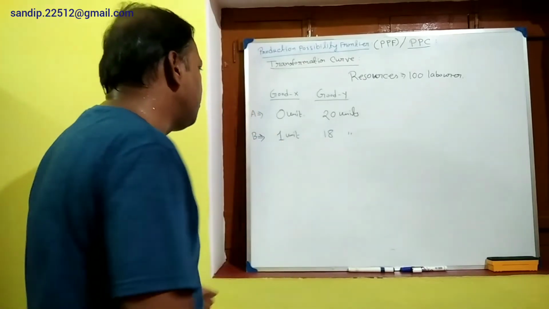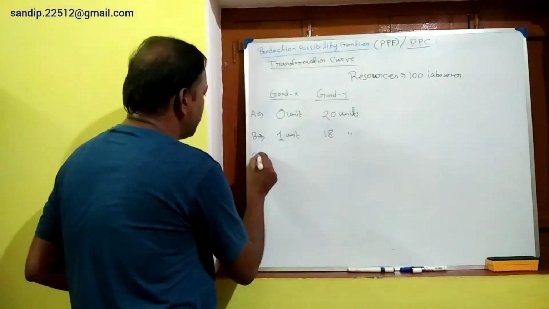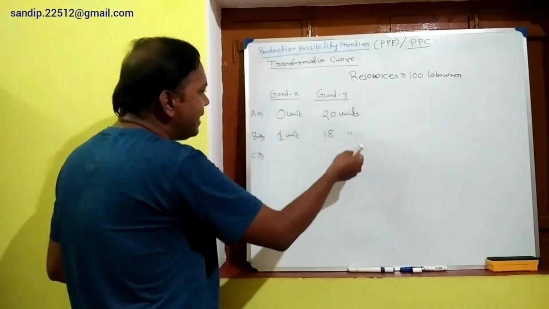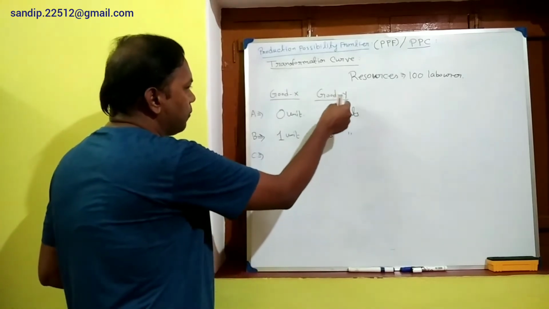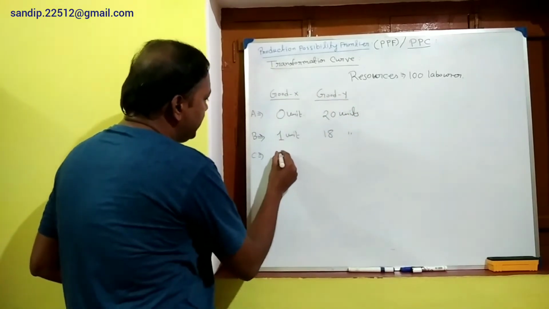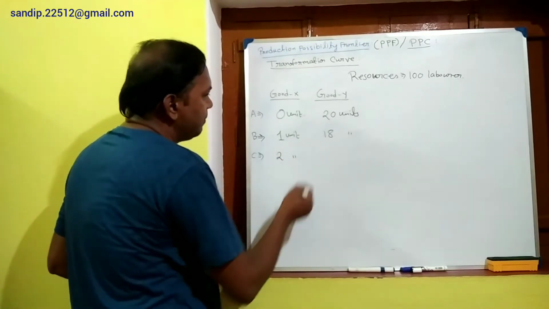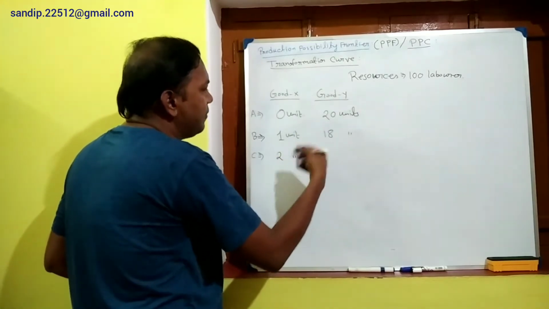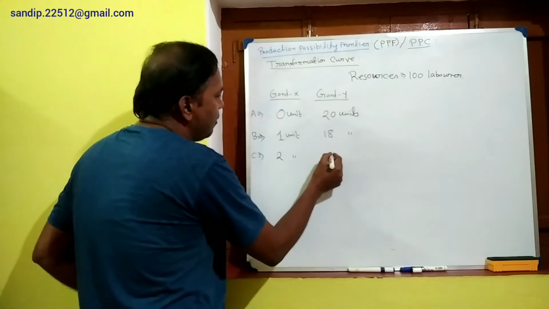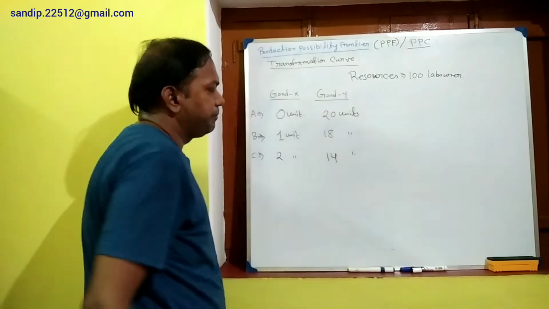Let us take a few more combinations. Suppose, see another combination: if the producer again transfers a few workers from Y to X, let its production become 2 units, and production of good Y will fall. Suppose it is 14 units.